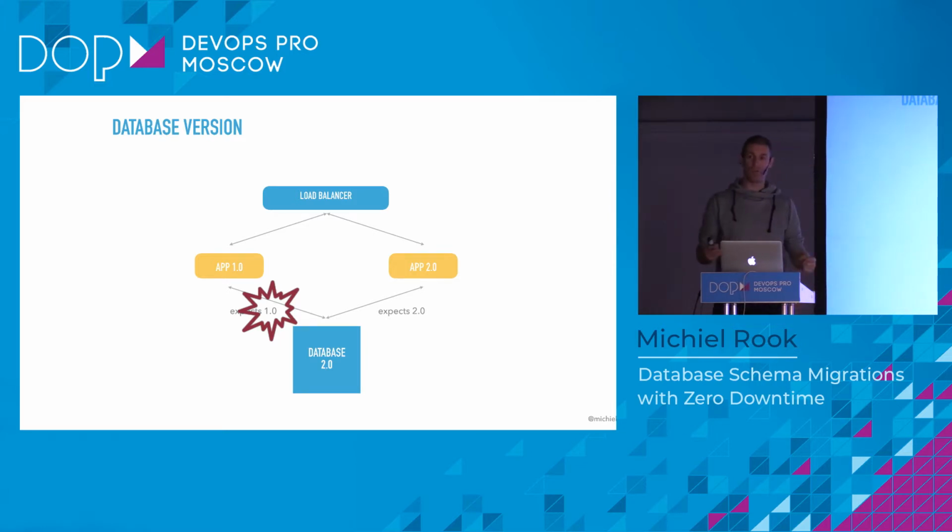So we now have a situation where we have simultaneously 2 versions of the application running side by side, and there's a good chance this will happen if you do zero downtime deploys. But you have a database schema which is only compatible with one of the 2. And in this setup, you would have a 50-50 chance of getting a broken page or a broken application, broken service. So let's get rid of that.